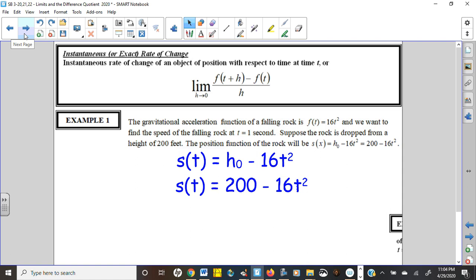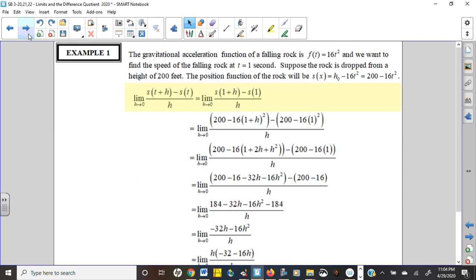But I was tired of it not making sense and needed to get it fixed. Your work is going to look similar to this, but just a little different. Your work's actually a little simpler because the 16t squared is an easier function to follow than 200 minus 16t squared. But it is what it is, right?